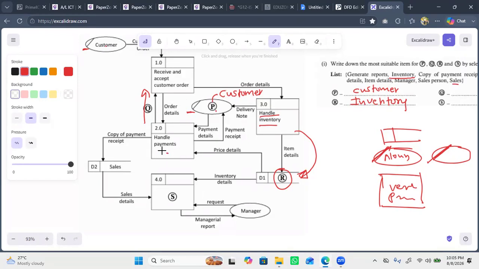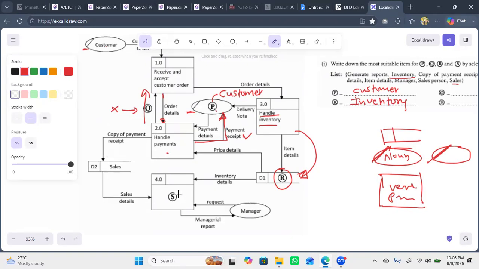You are getting the order details from here. Once you get the order details, if you are handling payments, our customer gives the payment details, and the payment receipt is also given to the customer. So this should not be the payment receipt. Make a payment receipt to end, because the payment receipt is already given to the customer. Then the copy of the payment receipt we are storing in the sales.